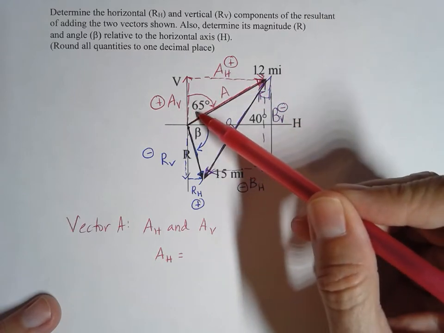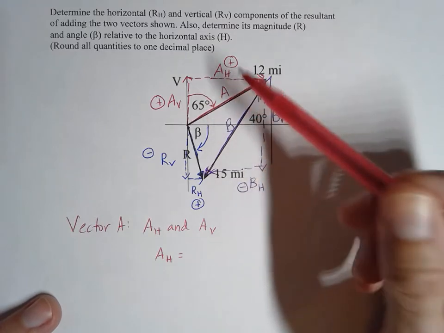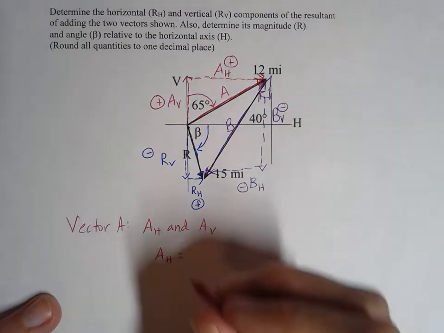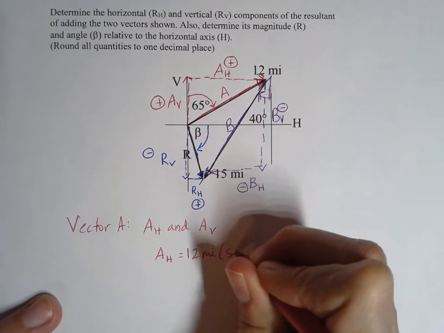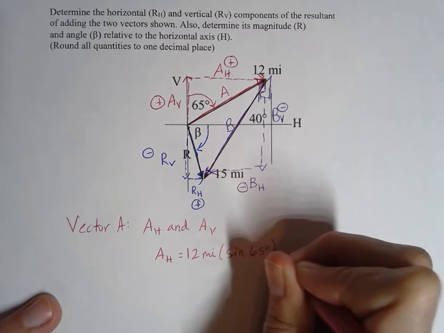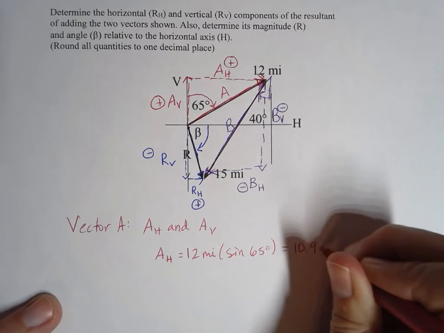Since this is opposite, I'm going to use sine to solve for that. So A sub h is going to be 12 miles times the sine of 65 degrees. I put that into my calculator, and I'll get 10.9 miles.